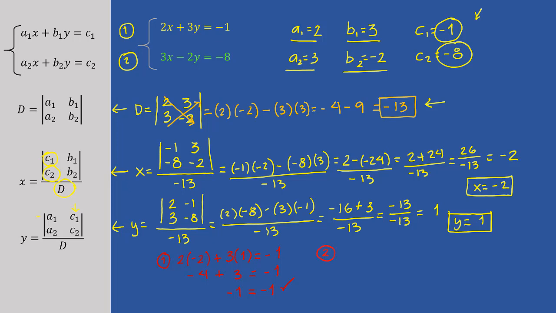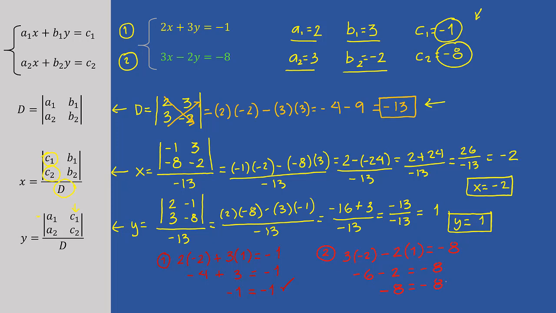So let's check for our second equation. 3 times x, which is minus 2, minus 2 times y, which is 1, equals minus 8. 3 times minus 2 is minus 6, minus 2 times 1, 2, equals minus 8. Okay, so now minus 6 minus 2, minus 8, equals minus 8.